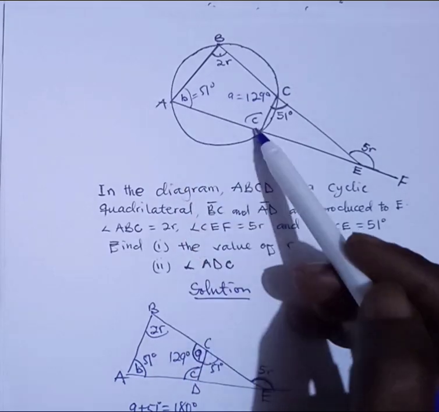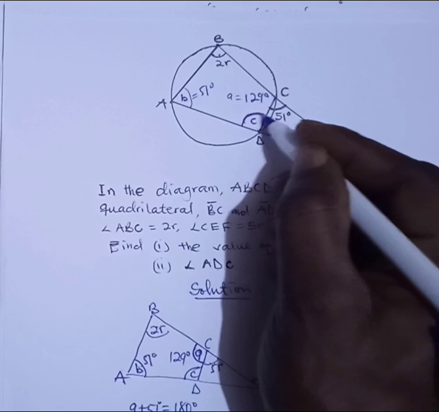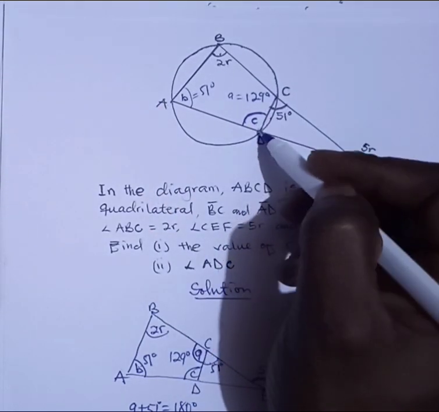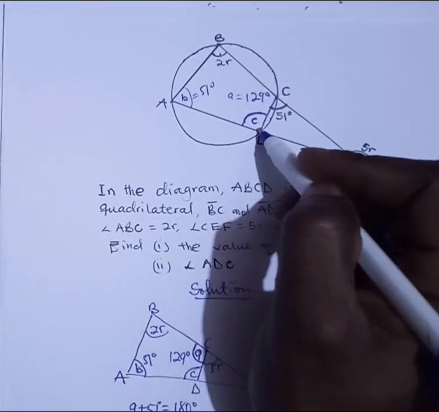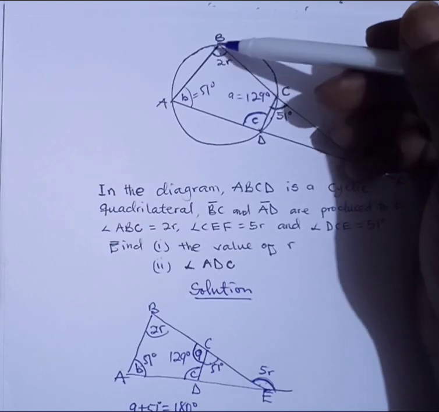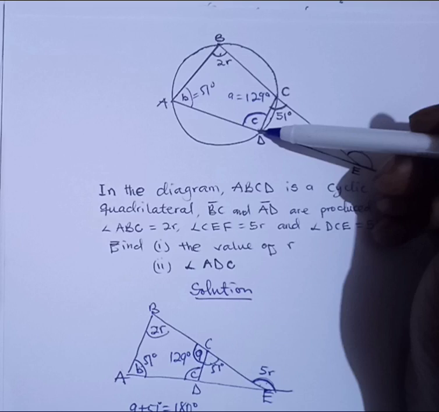So let's identify angle ADC. It means that we are finding angle C, where I have placed the small c there. So we are looking at this angle. But how do we find this angle? We have already said that ABCD is a cyclic quadrilateral. Good.